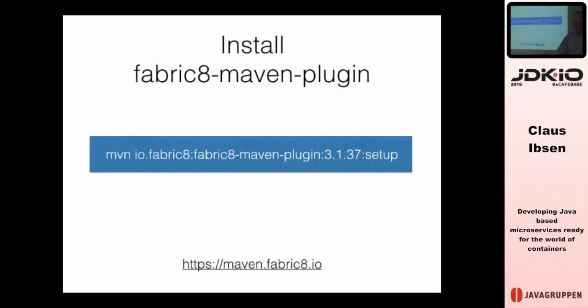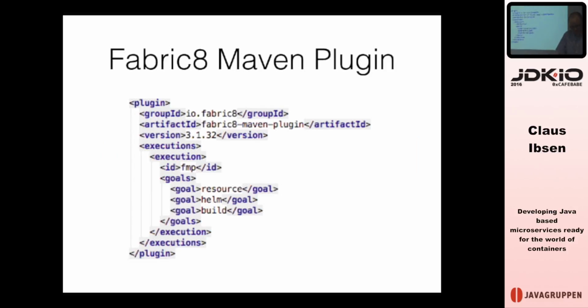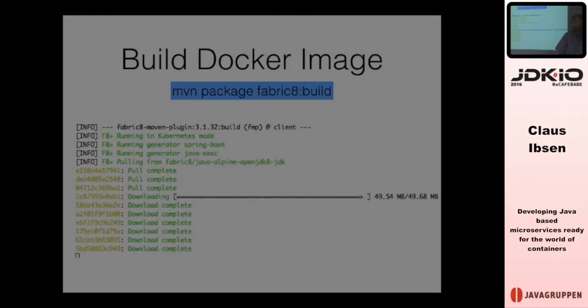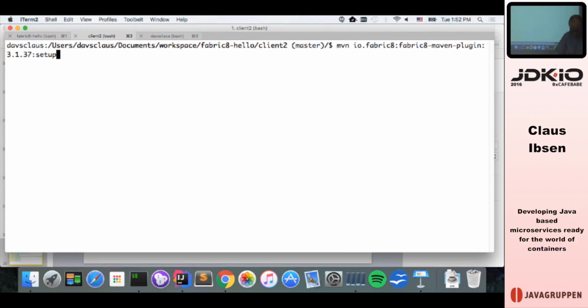Okay, so I add that to my project, but I can also just type this long command on the shell, and it can add it itself. When I do that, it adds this one to the POM with some additional execution to make it easier to run it, and I can build it. So okay, let's try that.